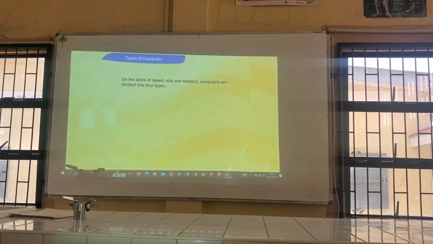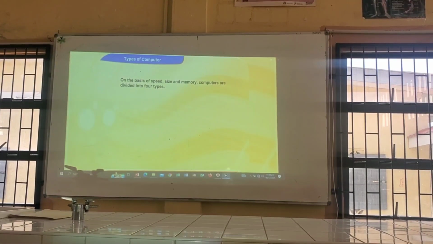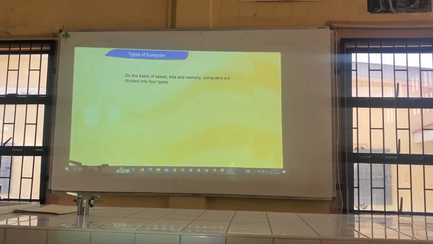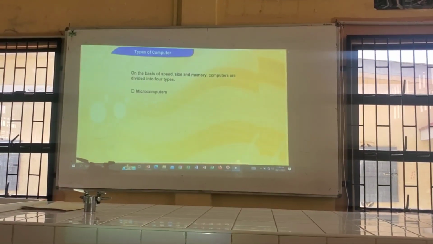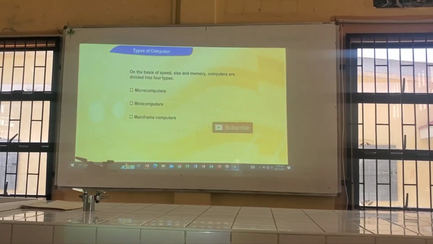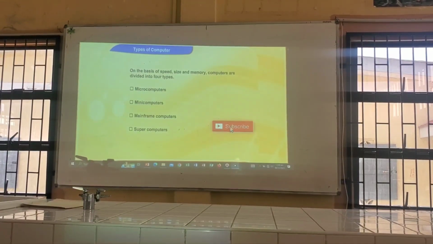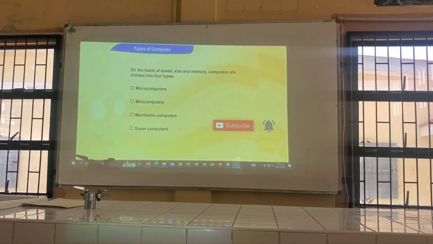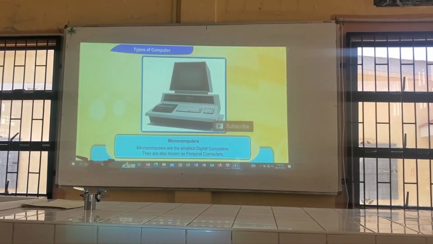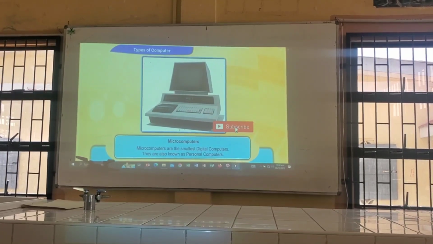Now, on the basis of speed, size and memory, computers are divided into 4 types. They are microcomputers, mini-computers, mainframe computers and supercomputers. Let us now learn about each of them. Microcomputers are the smallest digital computers.